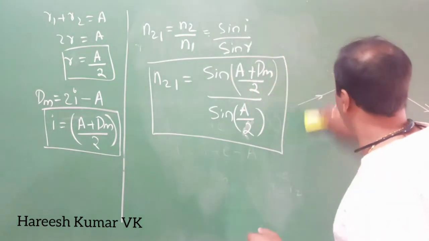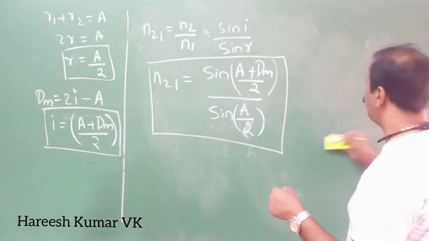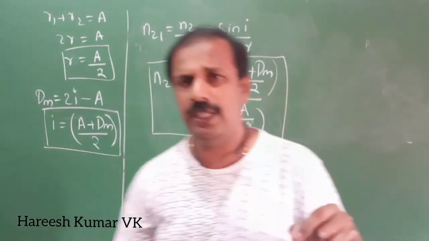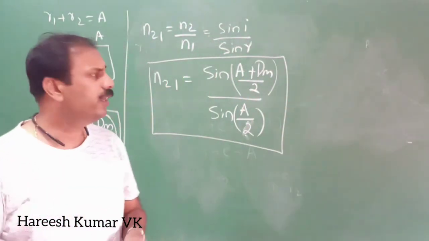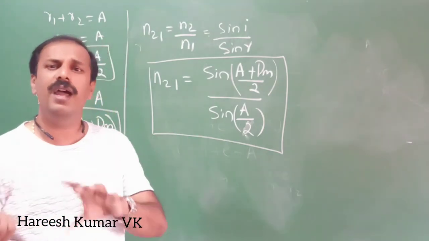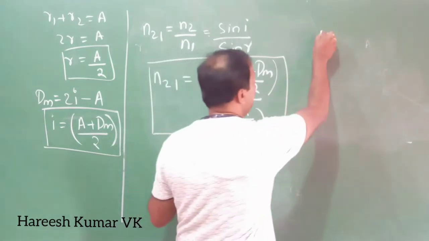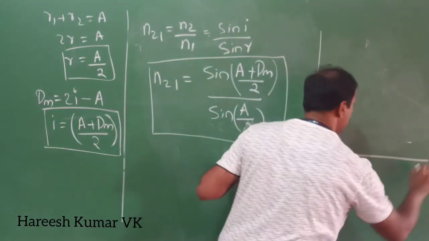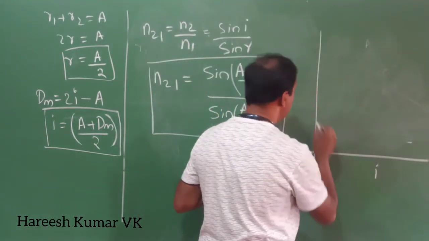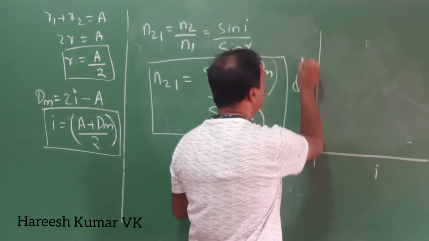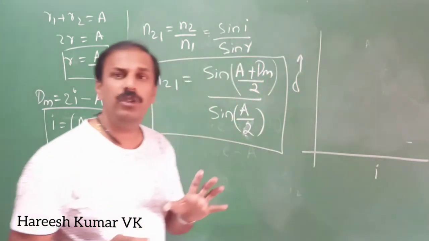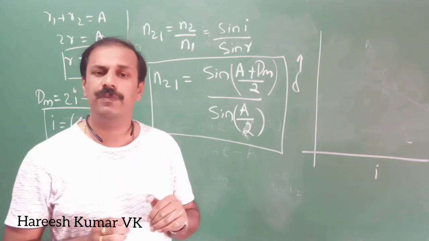You have to do it for different angles of incidence, starting from 30 degree, 35 degree, 40 degree, like that, and check for each angle of incidence what angle of deviation you measure. When you measure that, here I am taking angle of incidence, and here you have the angle of deviation.